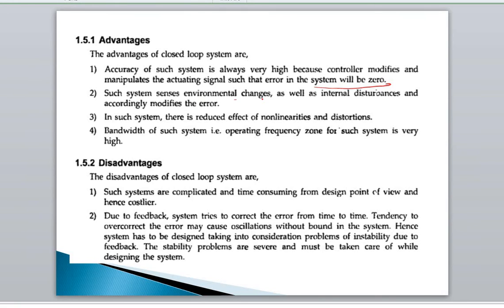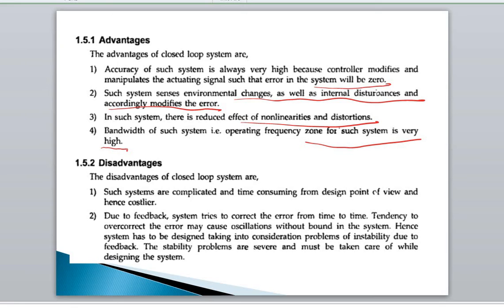These systems sense environmental changes as well as internal disturbances accordingly. Then in such systems there is reduced effect of non-linearities and distortions. Okay. Then bandwidth of such system, that is operating frequency zone of the systems, is very high.